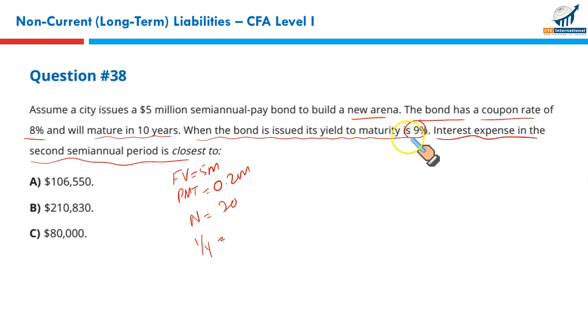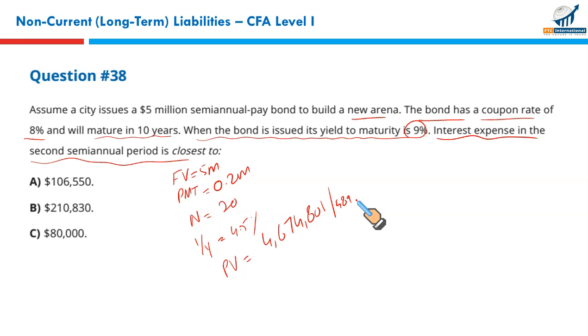Effective interest per period is 9% per annum, 4.5% per period. Now entering all these in your financial calculator, FV, PMT, and interest per period, you will calculate your present value, which is 4,674,801.589.